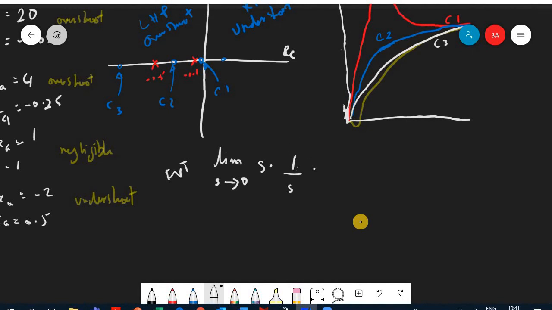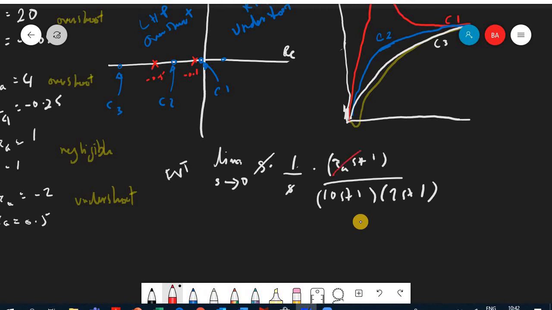My final form is this: tau A s plus 1, over 10s plus 1 into 2s plus 1. So in this case, if I substitute s approaches 0 to find what happens at infinity, this will be 0, this will be 0, this will be 0, and actually it shows that it will be equal to 1.